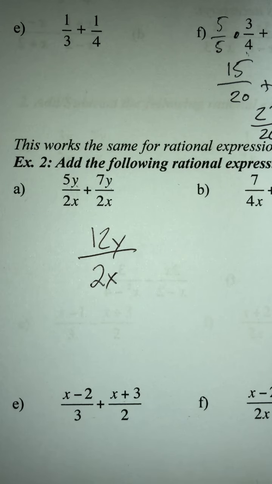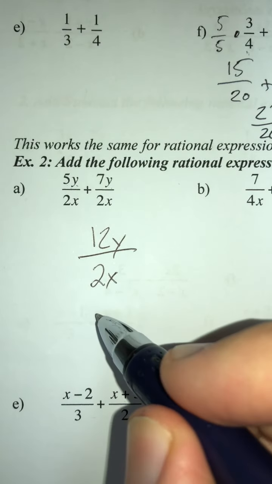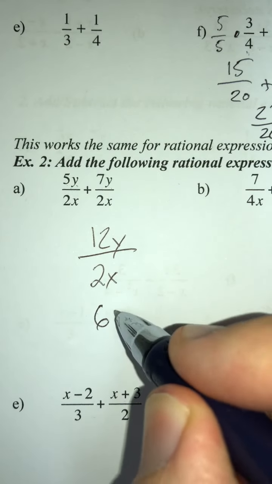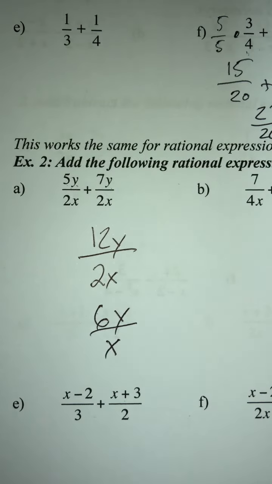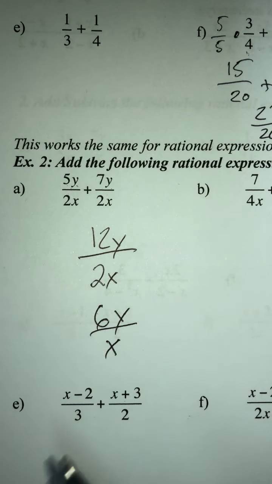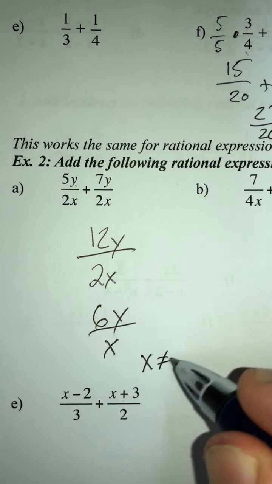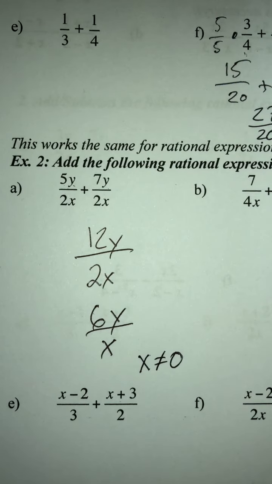Don't forget we need to simplify, so I can take 12 and 2, and divide out a 2. I get 6y over x. So there you go. Again, we could talk about non-permissible values. I can't have 0 in the denominator, so x cannot equal 0. Just to remind you that this still exists even though we're in chapter 2.